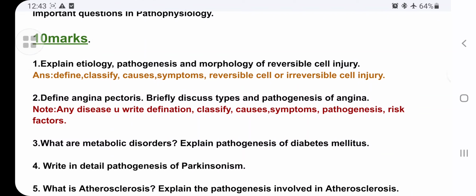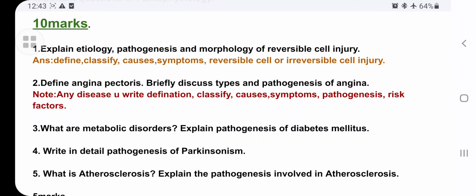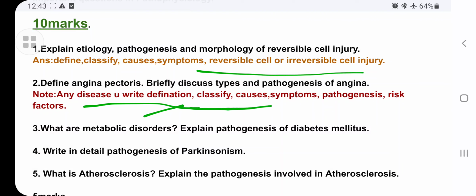Next question, define angina pectoris. Here you have to write the types and pathogenesis of angina. For any disease, write first the definition of that particular disease. Whatever they ask, irritable bowel syndrome, hepatitis, typhoid, syphilis, HIV, liver problem, kidney problem, any disease, try to write the definition first. Then go for the classification, causes, symptoms, pathogenesis, and risk factors.